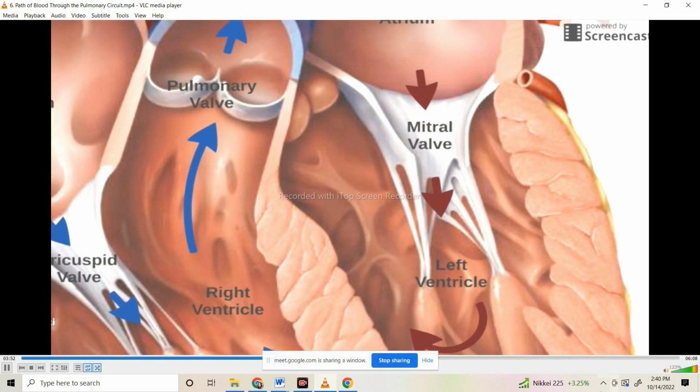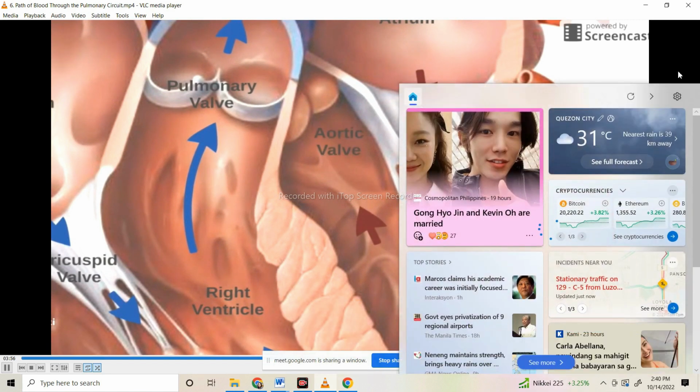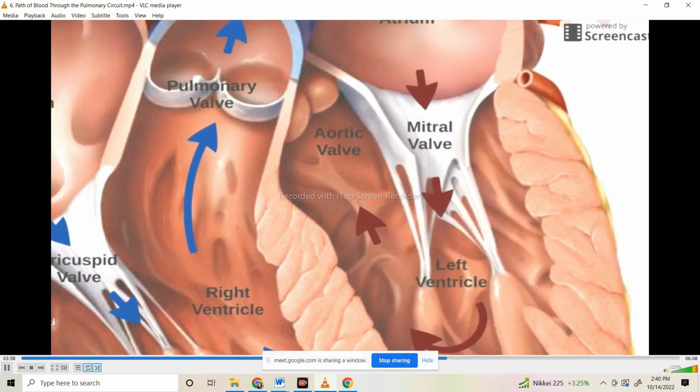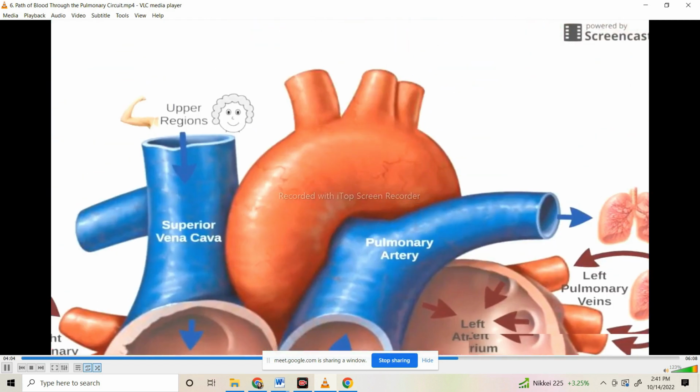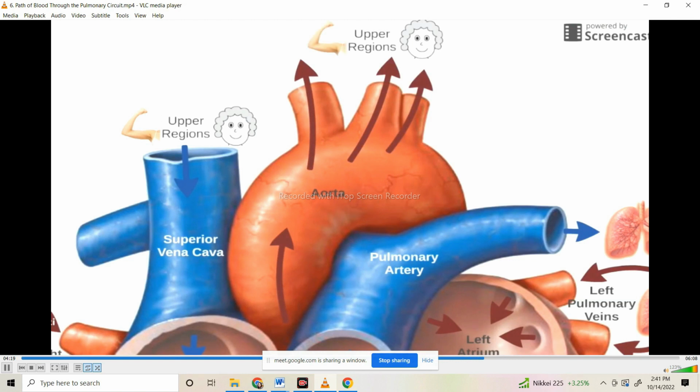When the mitral valve closes, your blood encounters yet another valve called the aortic valve. The valve opens and oxygenated blood flows into the aorta. From the aorta, the blood can flow toward the upper regions of your body, like your head and your arms, or it can flow downward.